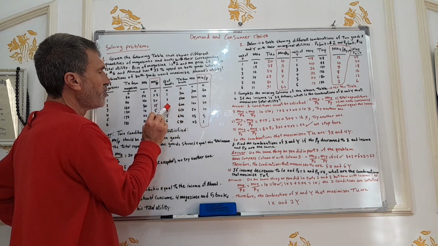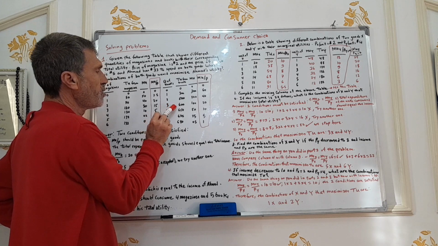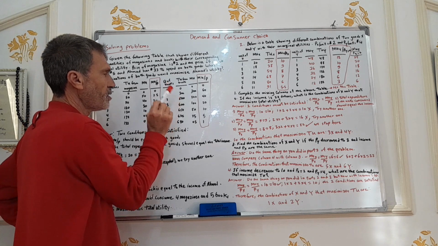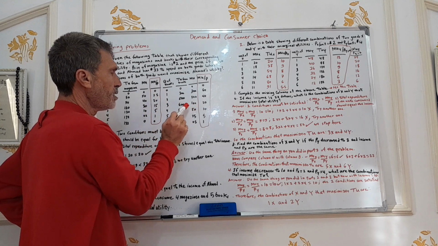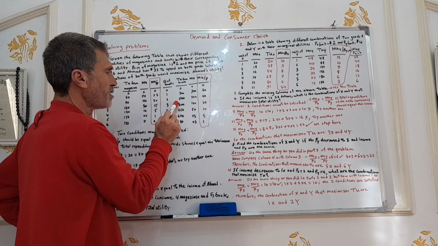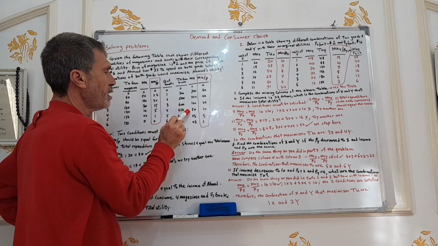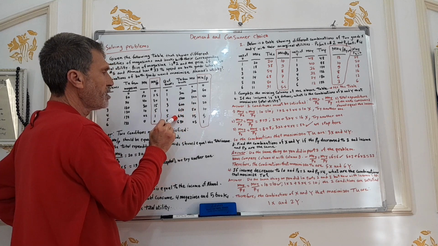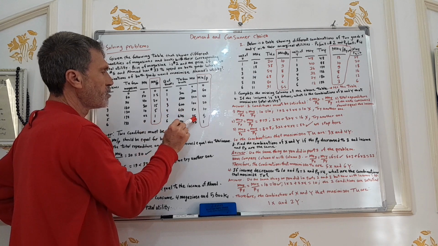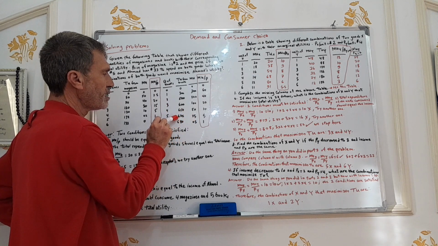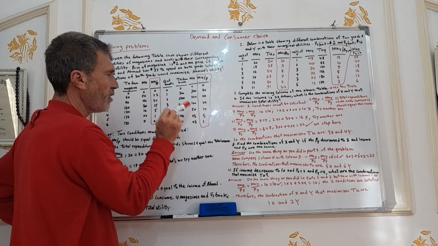The marginal utility for the third unit is 600 minus 500 over 3 minus 2, which is 100. 650 minus 600 over 4 minus 3 is going to be 50. 675 minus 650 is 25 over 1 is 25. 680 minus 675 is 5.